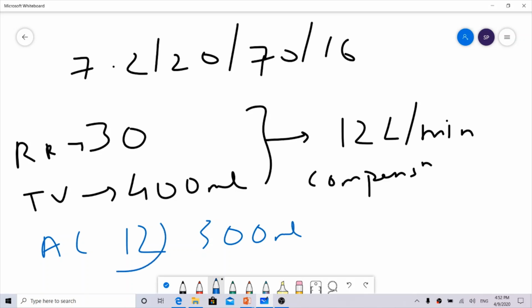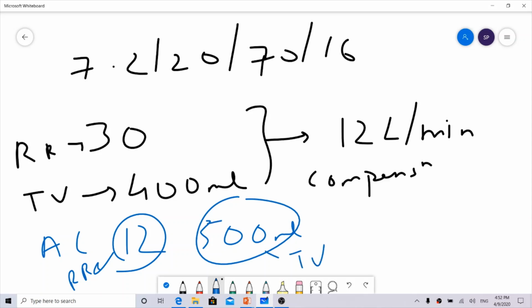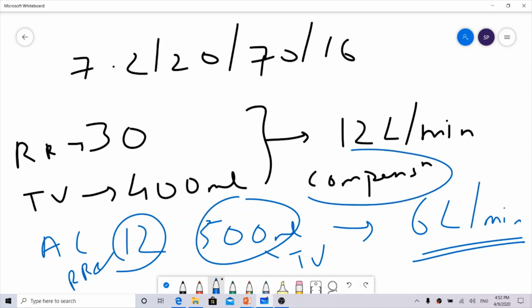Remember, this is the respiratory rate and this is the tidal volume. So how much minute ventilation are you giving to this patient? You are giving 6 liters per minute. Now just think, what will happen to this compensation?